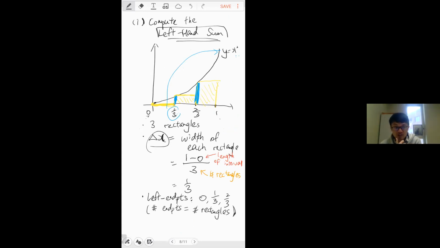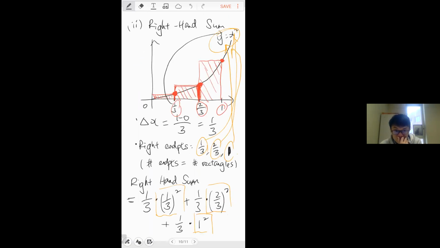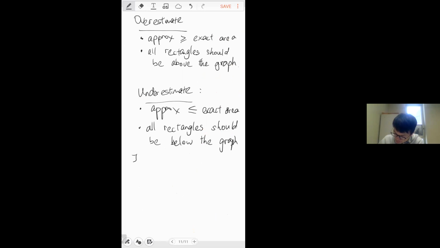In this case, is the left-hand sum an overestimate or an underestimate? Yeah, it's underestimate. What about the right-hand sum? It's over. So in the above example, I guess I should call this a remark.